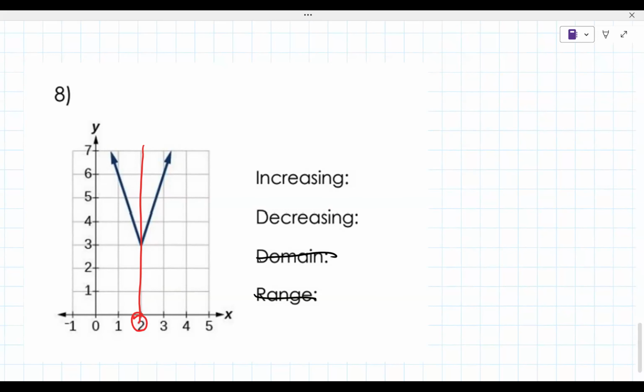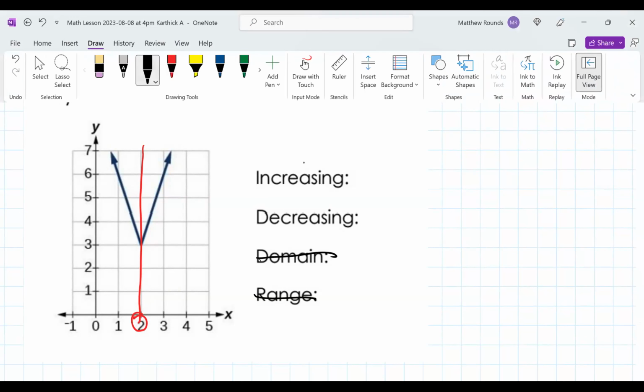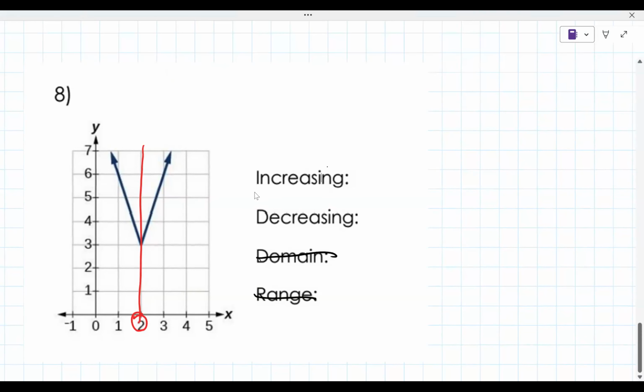In this case, it would be minus infinity to 2, right? For decreasing, yes, I agree.